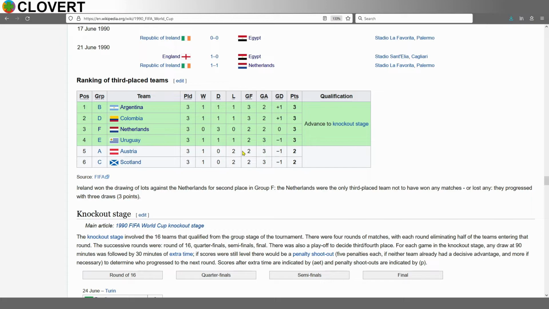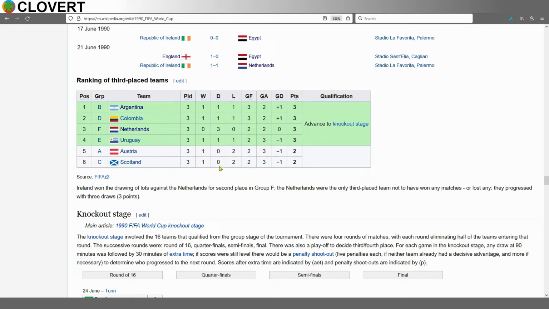They would be on 2 points with a -1 goal difference, 2 goals for, 3 goals against, and therefore they would have had to draw lots to see which out of the 3 teams would qualify between Austria, Scotland and the Netherlands. And of course, if the Netherlands had beaten Ireland 2-1, it would be Ireland with identical records to Austria and Scotland.